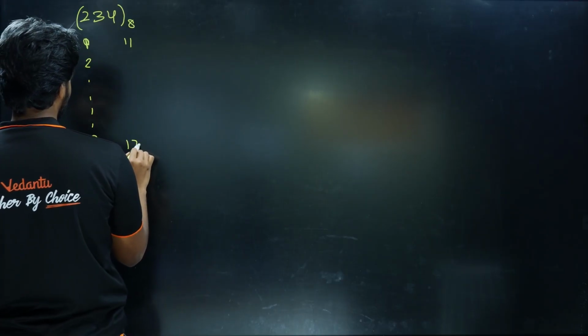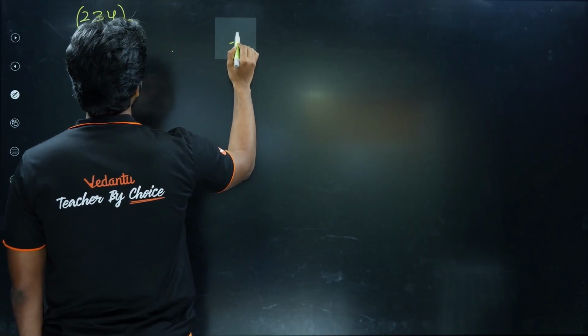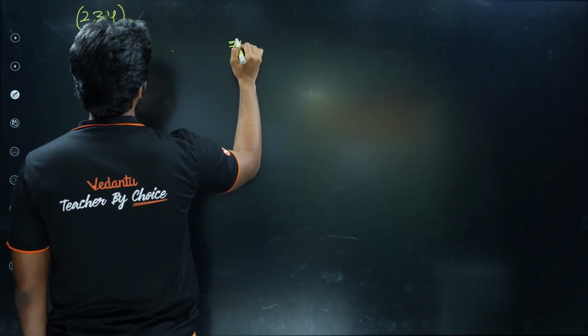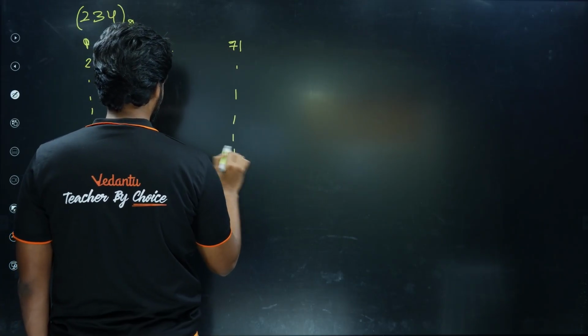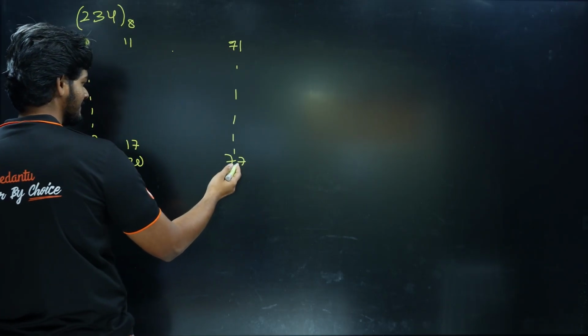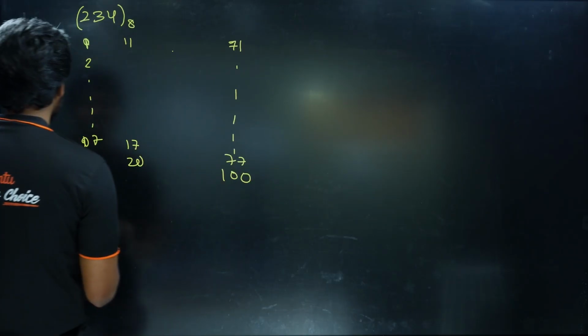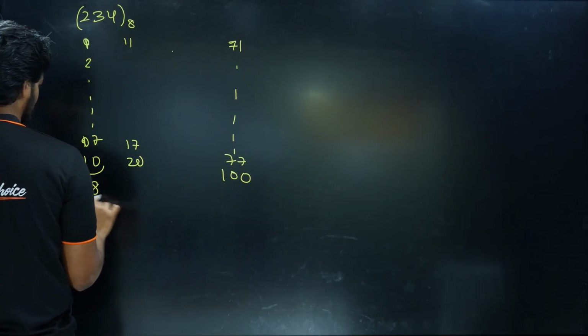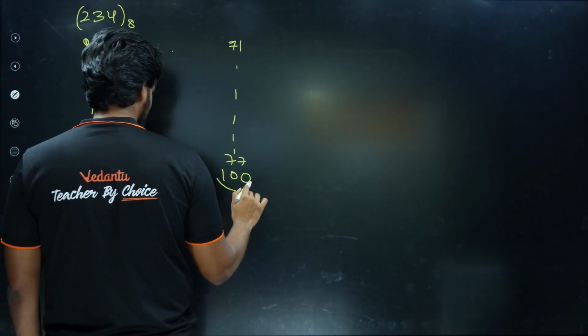This is 17 and 20, like that till 71, 77, and after 77 we directly have 100. So how many is that? This is 8, this is 8, and how many such 8s are there?